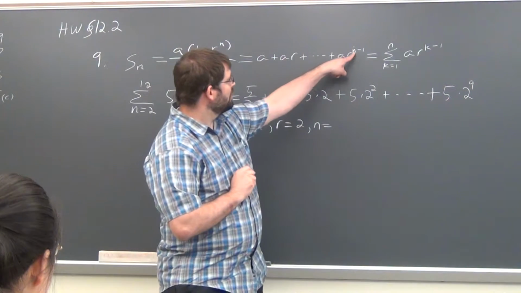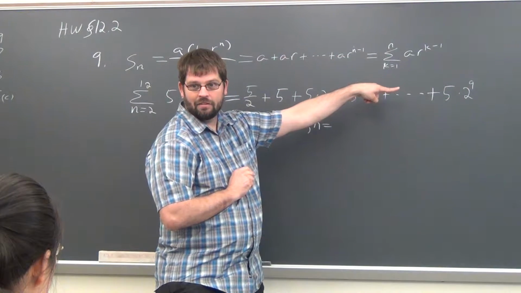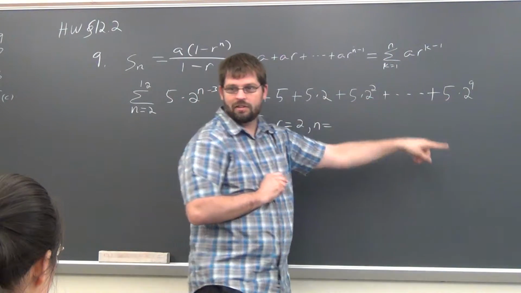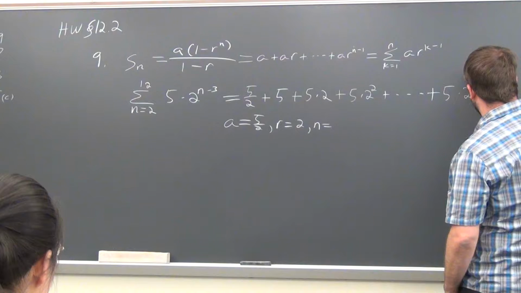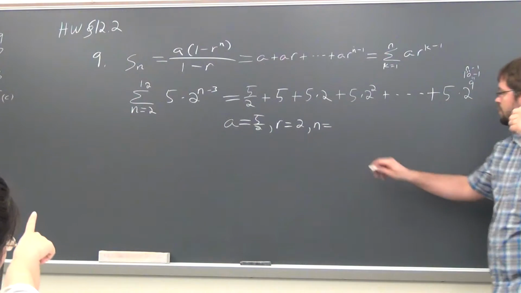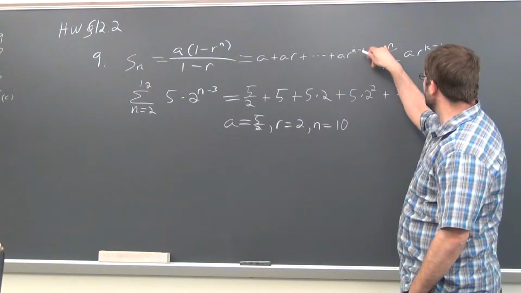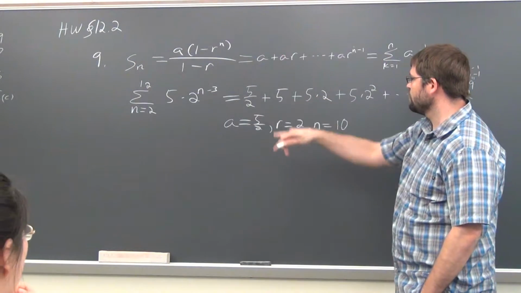You end up at 9, but your last term is n minus 1. So if you're at 9, your n was 10. So that's your n. Does that make sense? So is this n not equal to this n? Well, the n from the formula is the last n in your sum. And so they're using a different counter here.